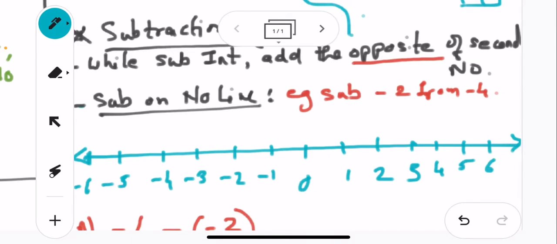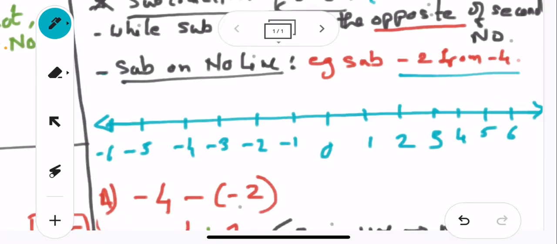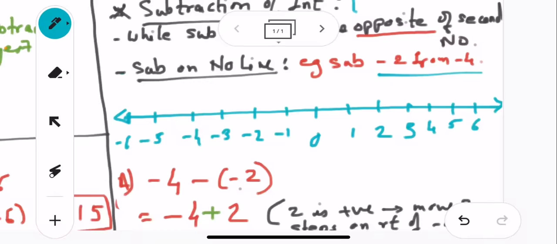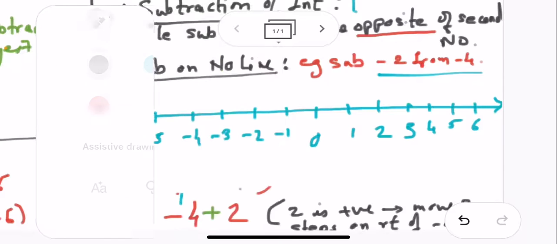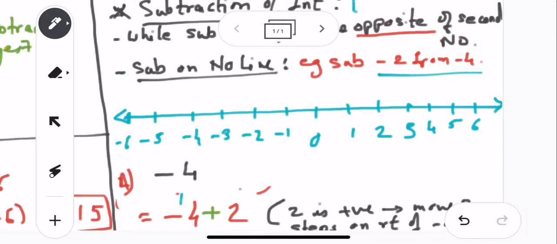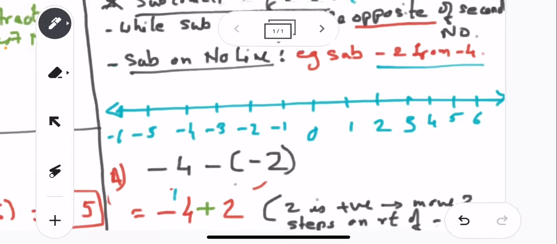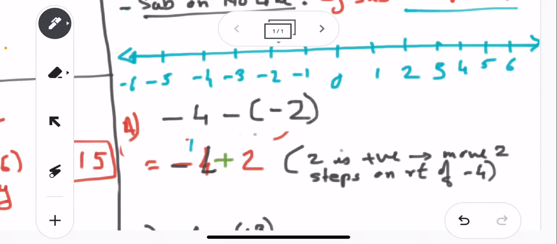Example: subtract minus 2 from minus 4. So what we will do here, this is minus 4, from minus 4 we have to subtract this minus 2. Now this minus 4 remains as it is.